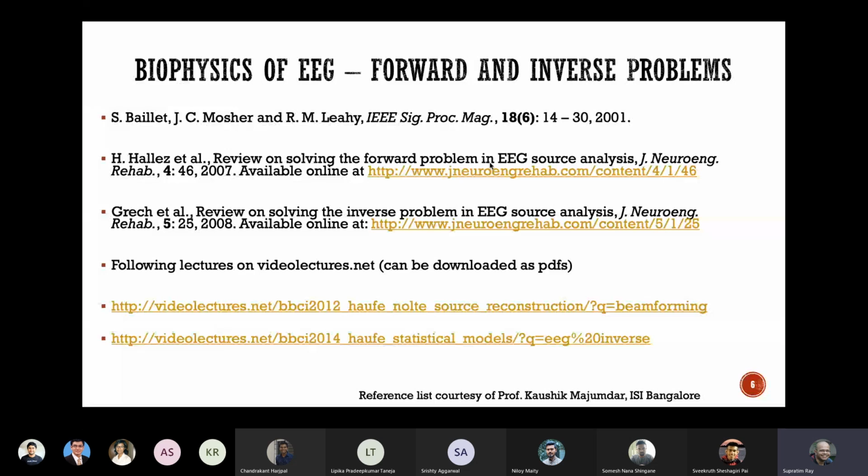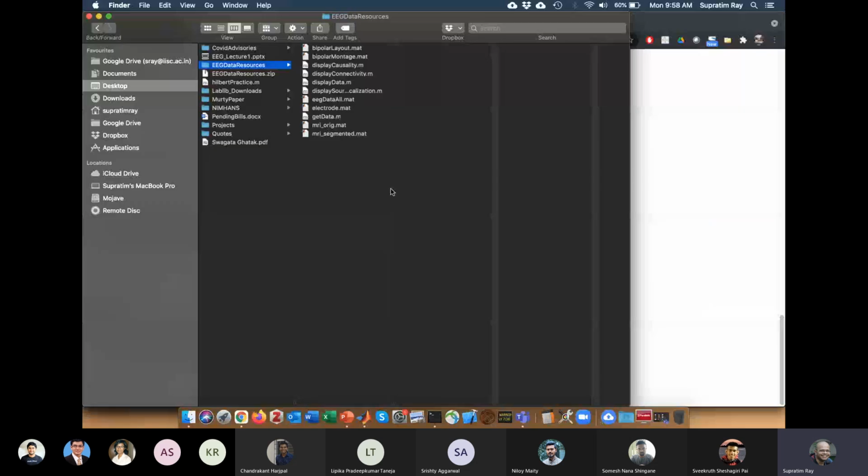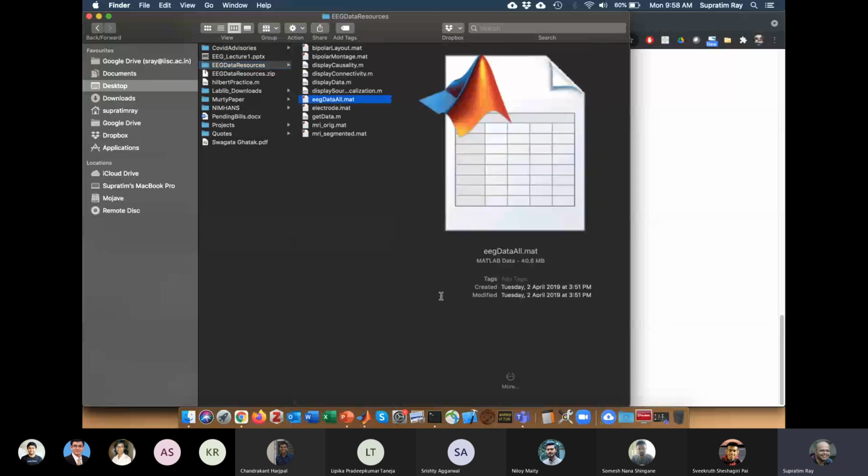You will end up getting folders like this. There is some EEG data here, about 40 MBs, and some code. It's very intuitive. It's all based on this FieldTrip package that you have to install. So please do all of that, and all our analysis will be built around this.